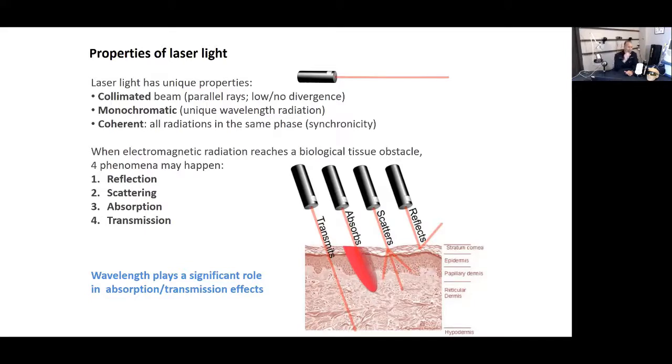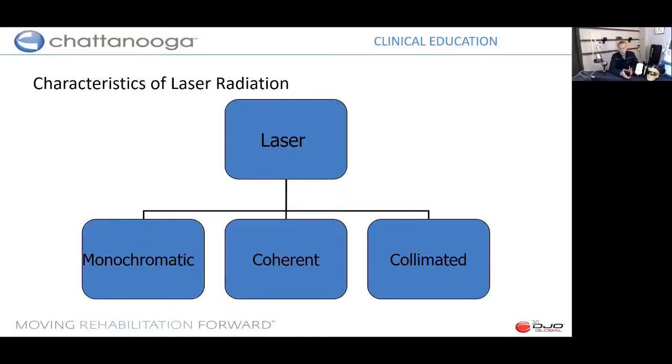I have to figure out how much energy is actually going to make its way down. Fortunately, we do have some answers to that. We also have some software that potentially deals with that. So really the characteristics of laser, and why we've gravitated towards this form of light: monochromatic, coherent, and collimated, right?